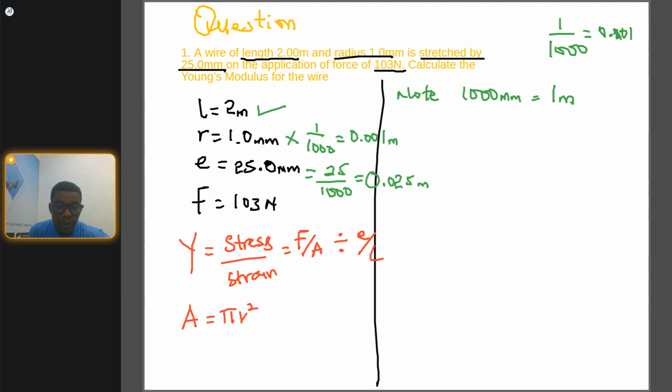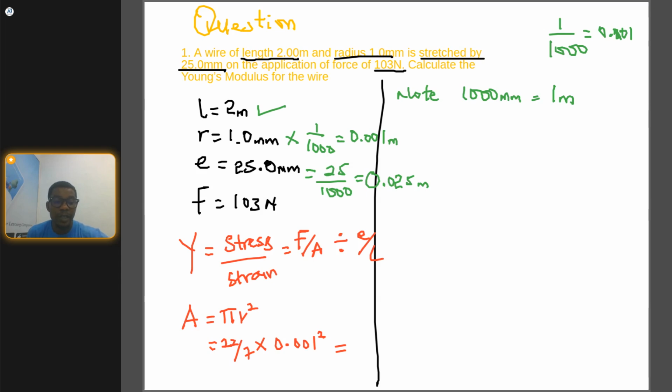where pi is 22 over 7, multiplied by r squared. r is what? r is 0.001. So we have 0.001 squared. When you simplify this, 22 over 7, which is also 3.142, you multiply it with 0.001 all squared.